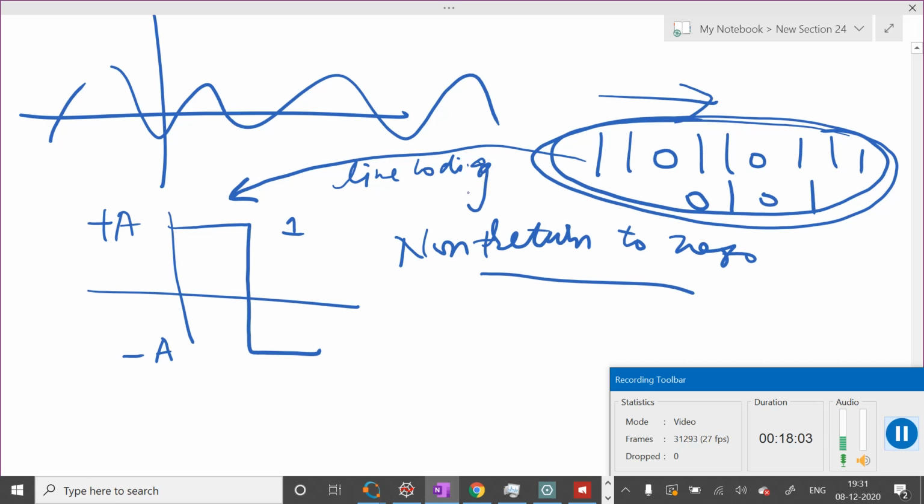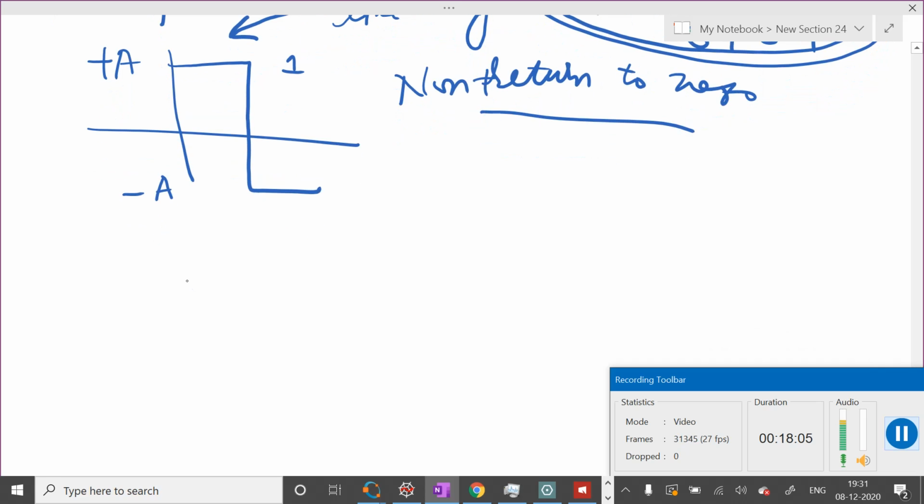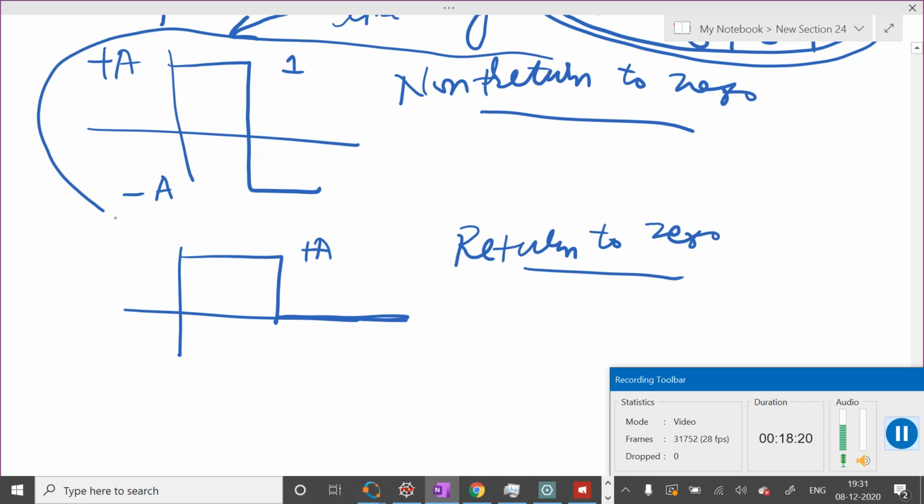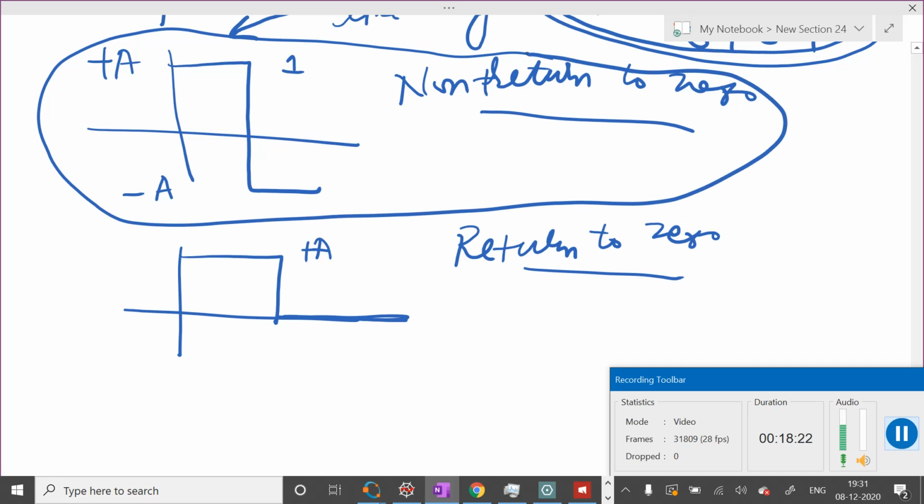We can also represent binary 1 by plus A and 0 by no signal at all. This is called return to zero. There are several others, but we will mainly restrict ourselves to non-return to zero. This has much better properties than return to zero.